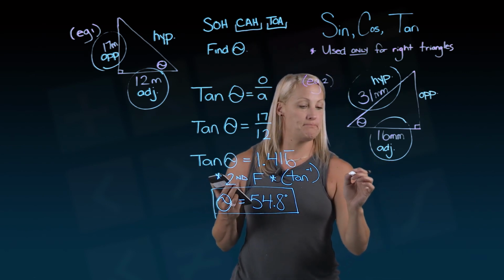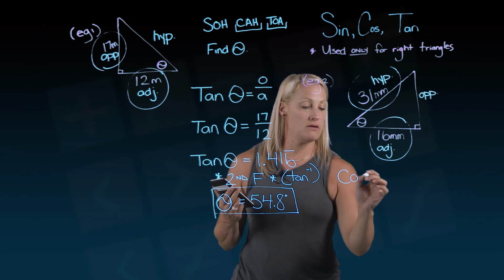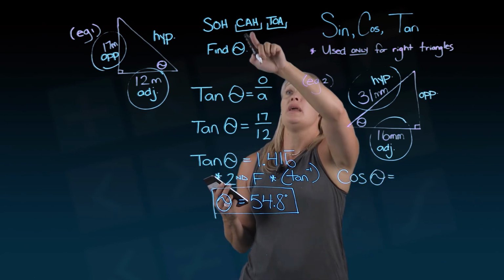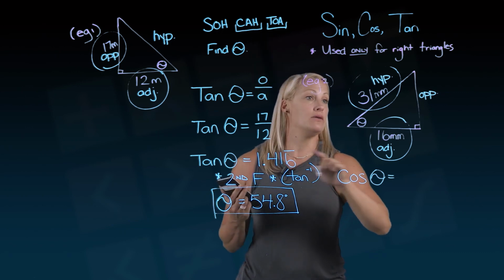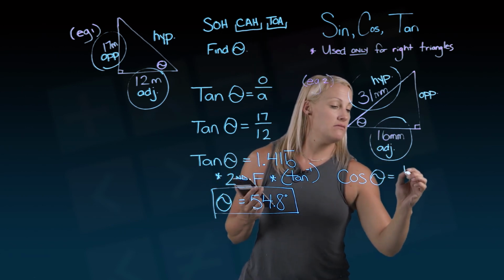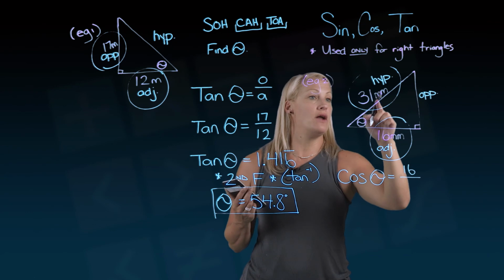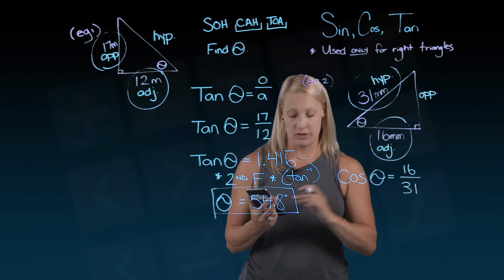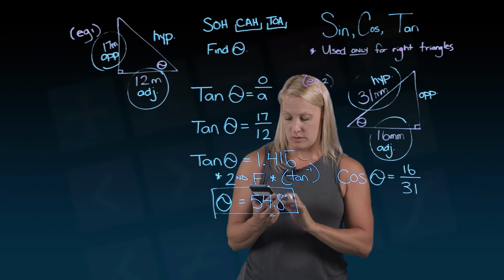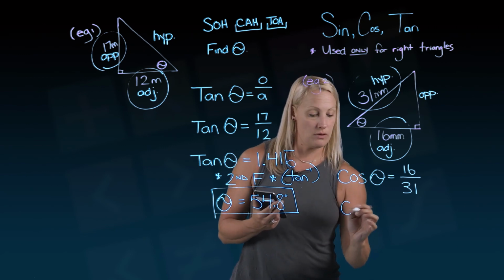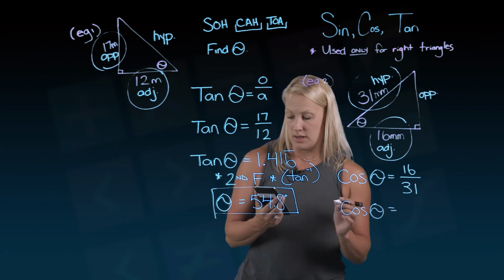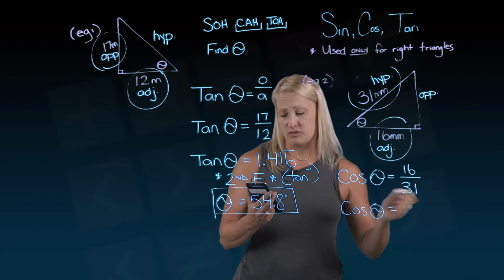So let's do that. Let's write it here. The cos of the angle I'm trying to find would be adjacent over hypotenuse. Adjacent, 16. Hypotenuse, 31. So in my calculator, first I'll do 16 divided by 31, get my answer. So I'm getting that the cos of theta is 0.516129.